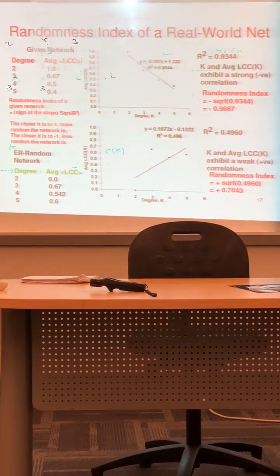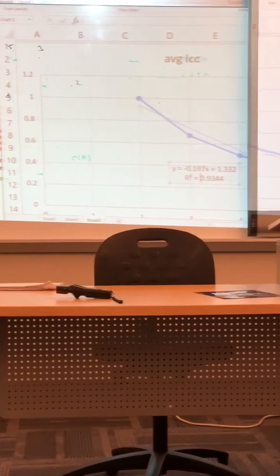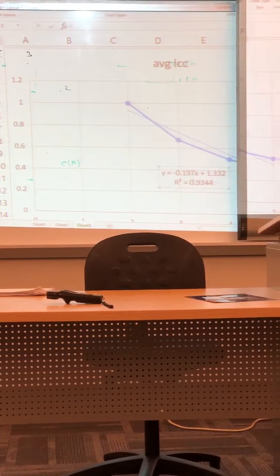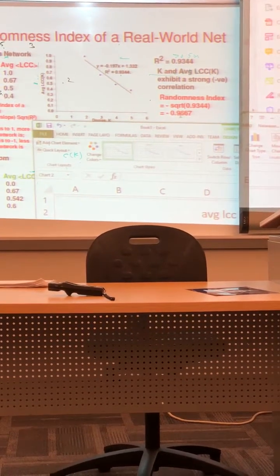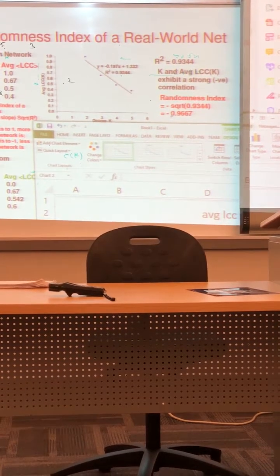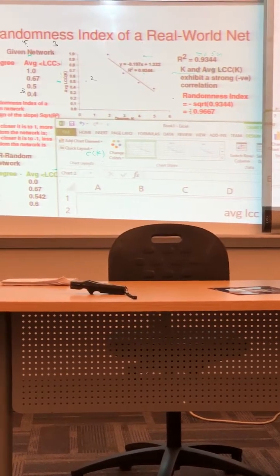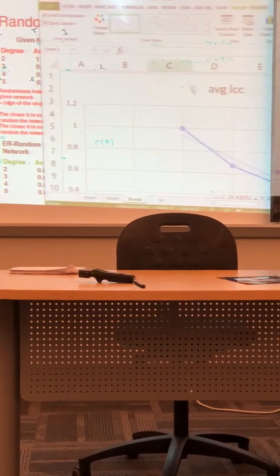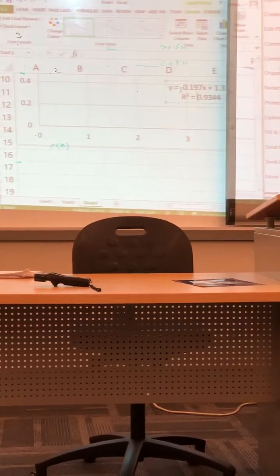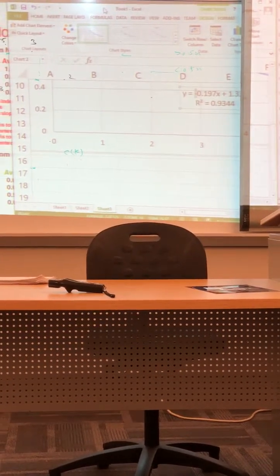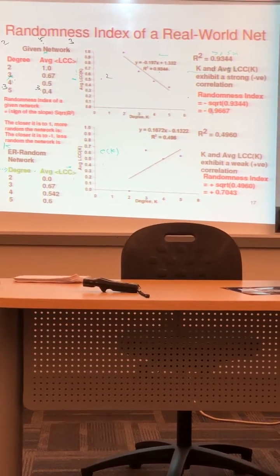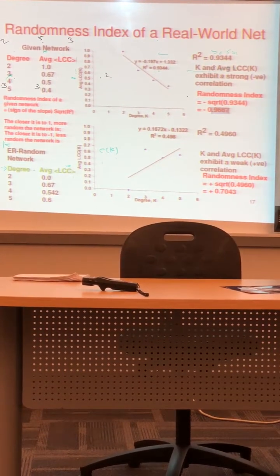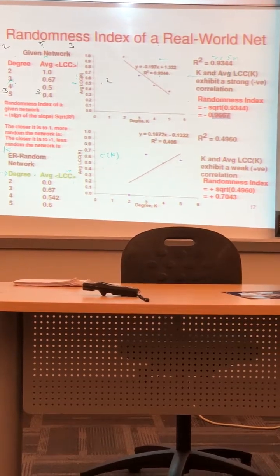Now we take the square root of the R square value, which here is 0.9667. The negative sign corresponds to the sign of the slope, which is also negative. So that is the randomness index.